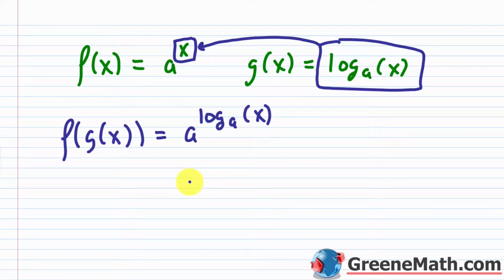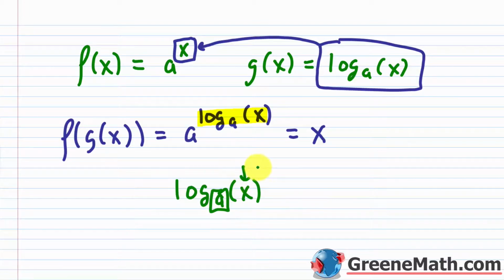Now let's stop for a minute and think about this. Why would this equal x? Well, if I take this logarithm on its own and just kind of write it separately, so we can think about this, log base a of x, what happens is this is the base. A is the base. We already know that. Let me kind of highlight this or circle it or put a square around it. So that's my base, and it's raised to a certain power, and I get an answer of x.